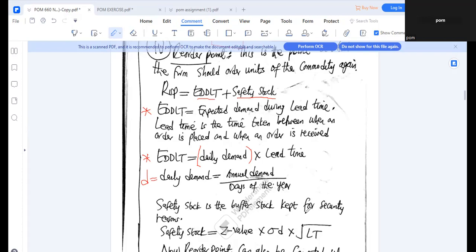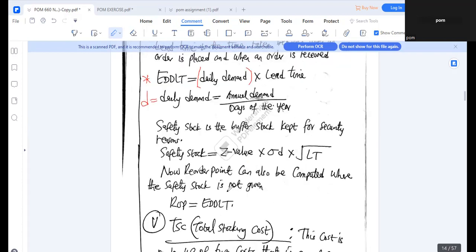So you don't completely finish whatever you have harvested. Our safety stock is equal to Z value multiplied by the standard deviation of demand multiplied by the square root of lead time.